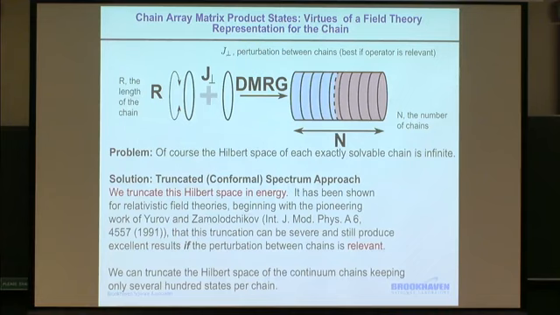In this paper they were studying perturbations of a critical quantum Ising model in a longitudinal magnetic field. And they found that even if they truncated the spectrum very, very radically, they were still able to get very accurate results for the spectrum of the Ising chain in a magnetic field.